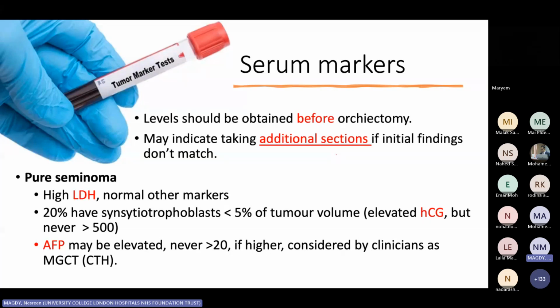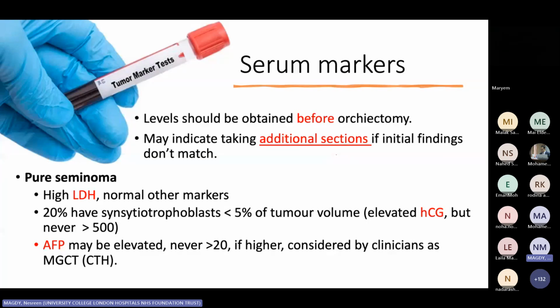For example, in a pure seminoma, it's known that the only marker that can be elevated is LDH, and other markers are usually normal, but there may be a slight elevation in HCG or alpha-fetoprotein, because 10 to 20% of pure seminomas may have sprinkled syncytiotrophoblasts within the tumor, but it's usually less than 5% of the tumor volume, and the level of HCG never exceeds 500 in this case.